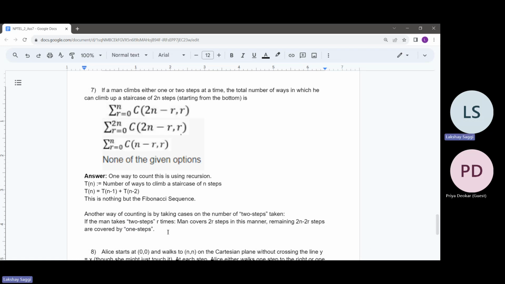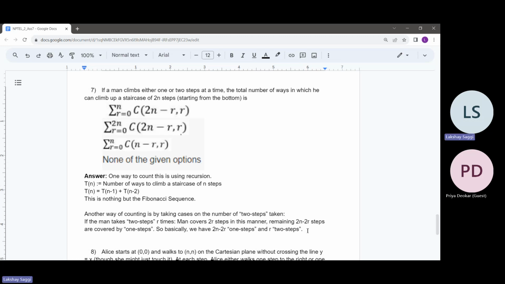So now basically what we have is 2n minus 2r one steps and r of these two steps, right? And now these can be permuted together in any way.